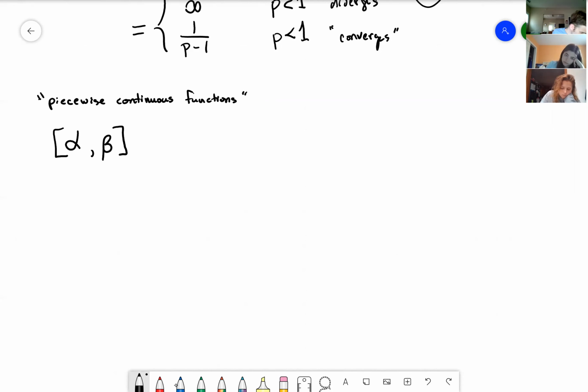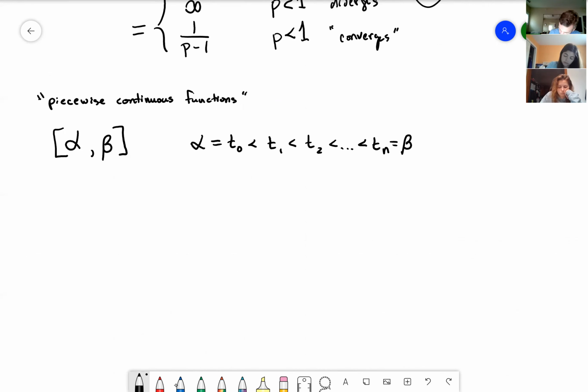So these are functions where if we take a particular interval, alpha to beta, we don't necessarily need to include the endpoints, but that's okay. If we take this interval on which the function is defined, alpha to beta, and we split it up into a collection of points where we cut it, so our left-hand side of the interval is t0, and then we cut it at t1, then at t2, and we keep cutting it all the way up to tn, where tn is the right-hand side of our interval.